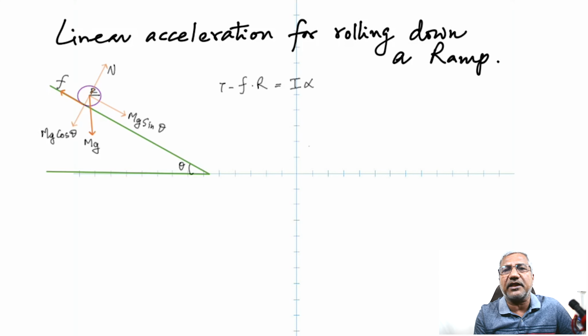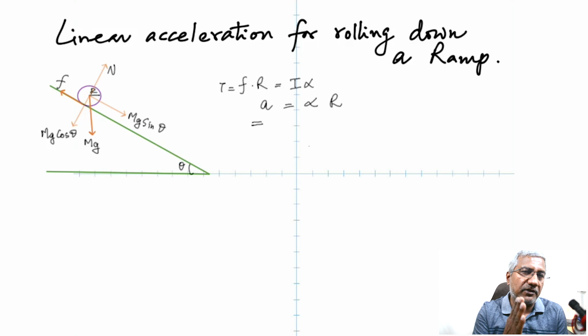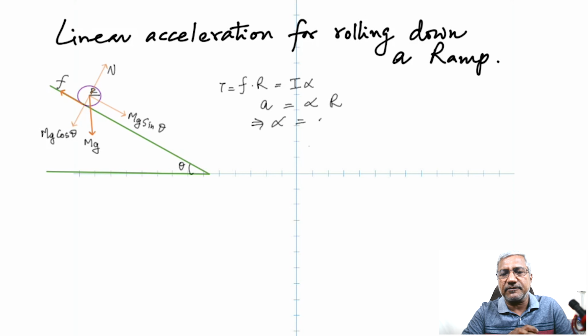But torque is also given by rotational inertia multiplied by angular acceleration, I alpha. We also know the relation between linear acceleration and angular acceleration. We know a is alpha times R, where a is the linear acceleration, alpha is the angular acceleration. So we can substitute for alpha. Let's make that the subject.